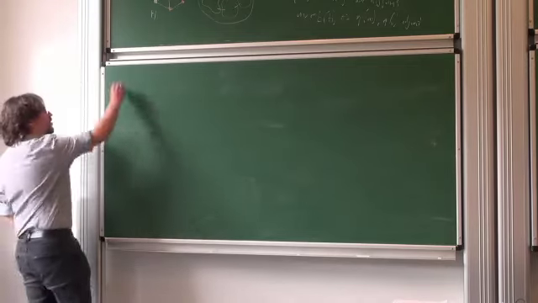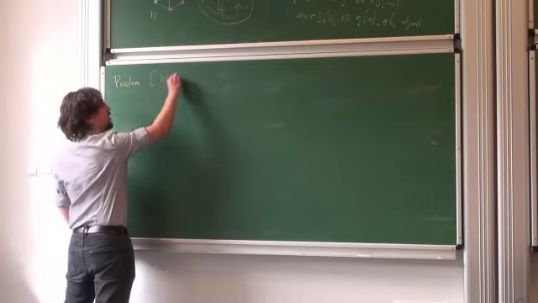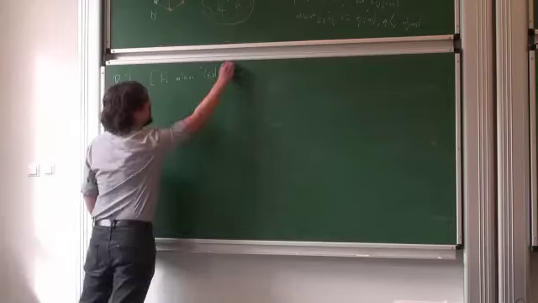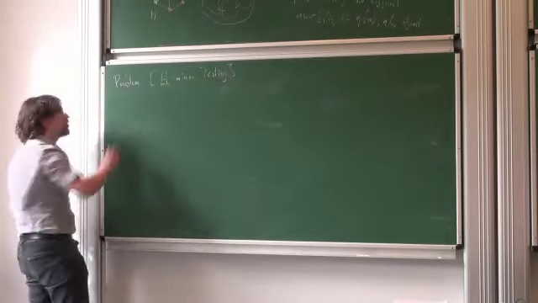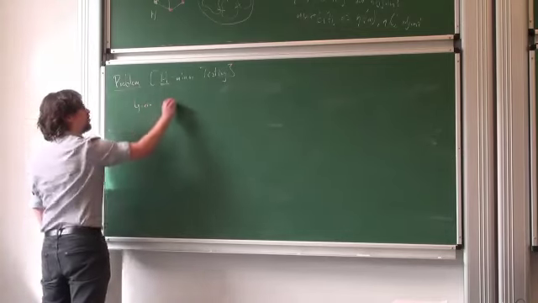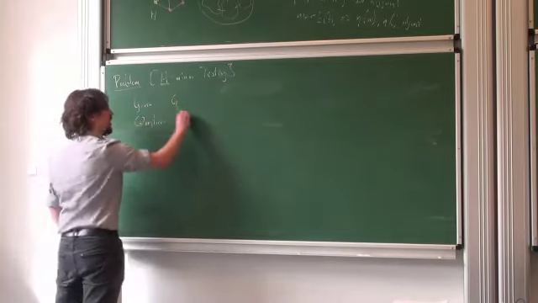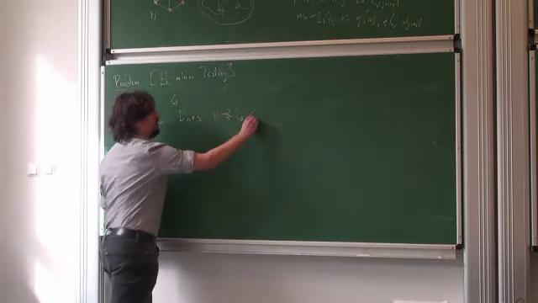Let's call this problem H-minor testing, where in the definition of the problem I have this graph H fixed. The problem is: given a graph G, does G contain H as a minor?